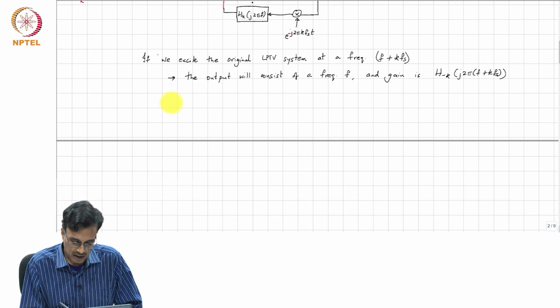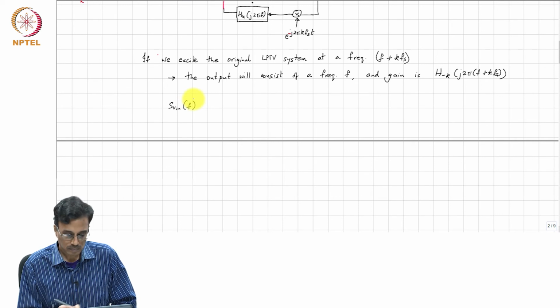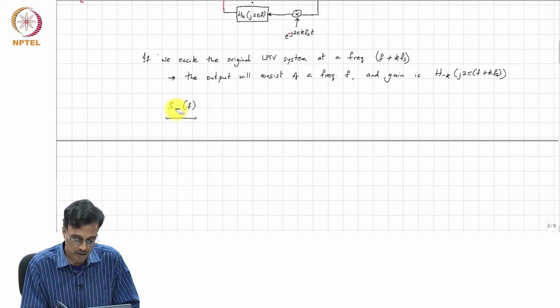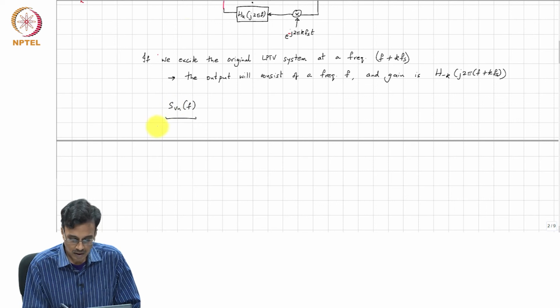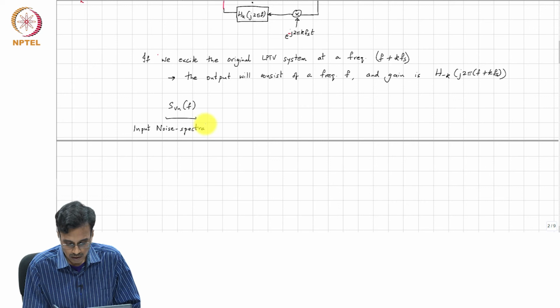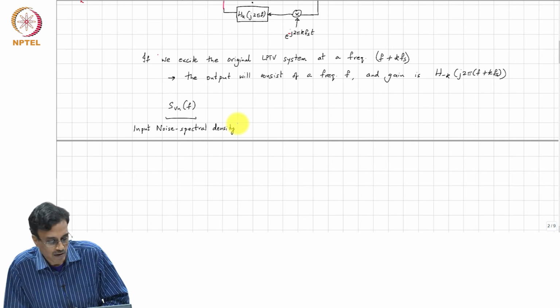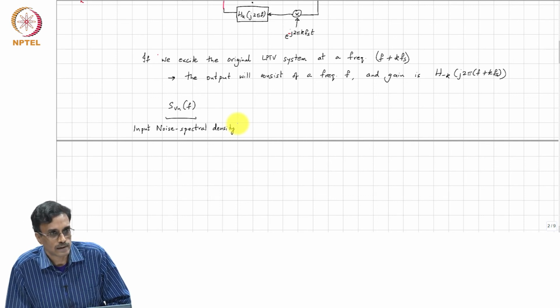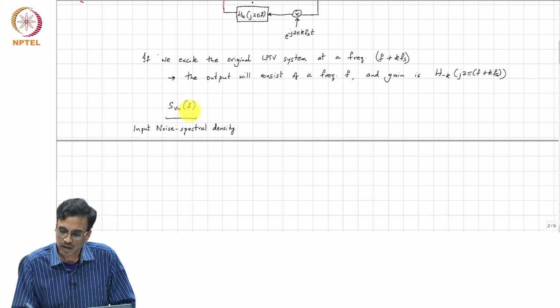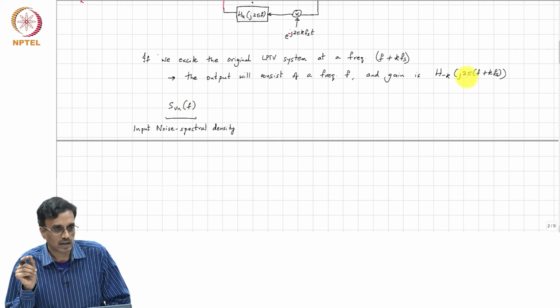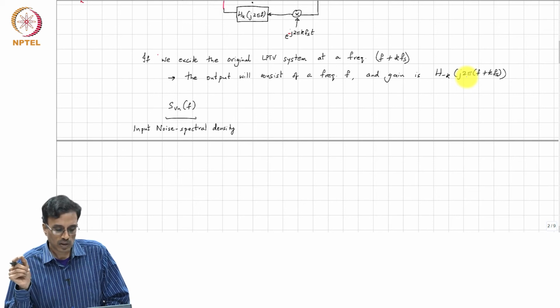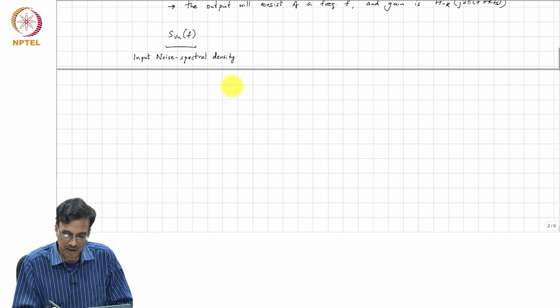So, let us say the input noise spectral density S V in of f is known. What comment can we make about the output? If we want to find the total noise power at f at the output, what do we think we should do? Well, let's take a look at this.